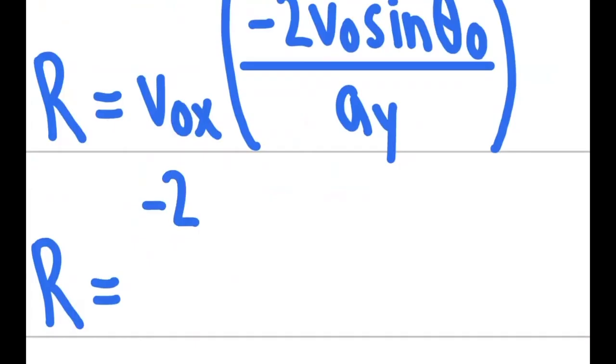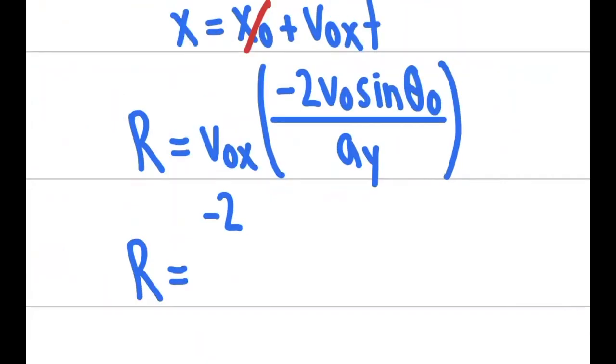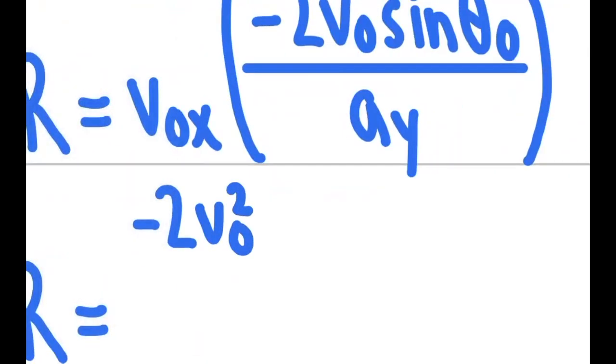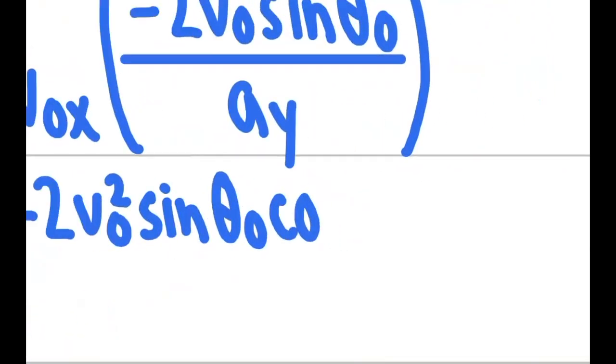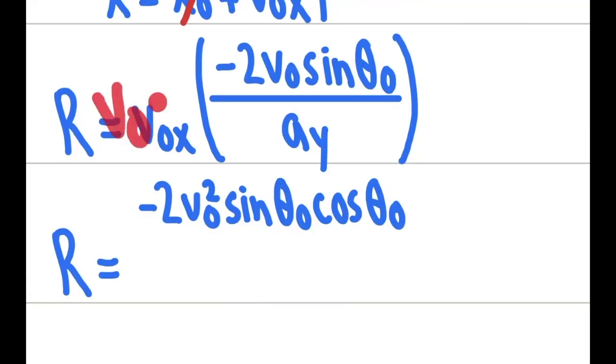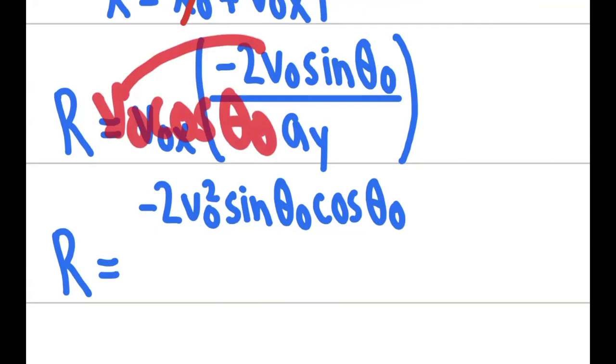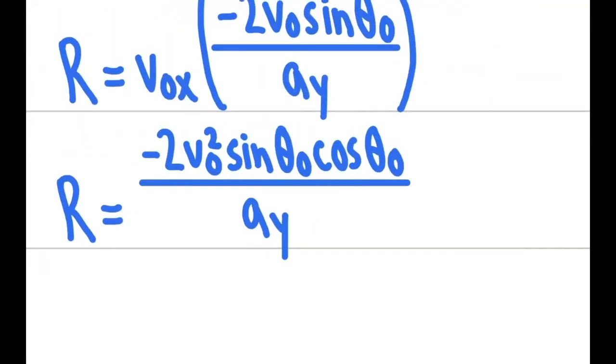So negative 2, we have v naught times v naught, that's v naught squared, and we have sine of theta naught and cosine of theta naught, all divided by ay.